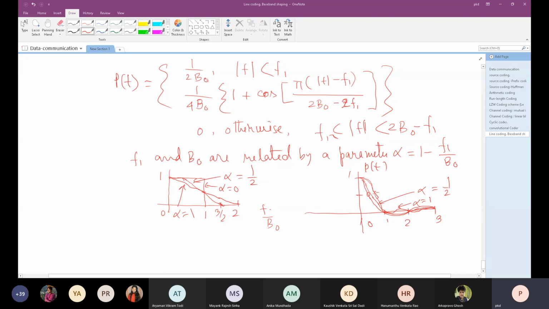However, because our sampling is at integer multiples of Tb, these oscillations will not affect in practice.